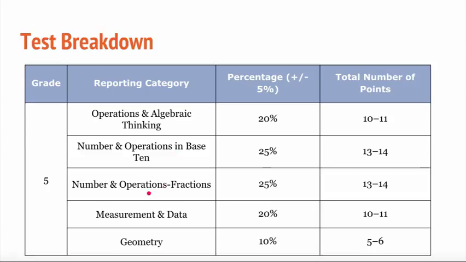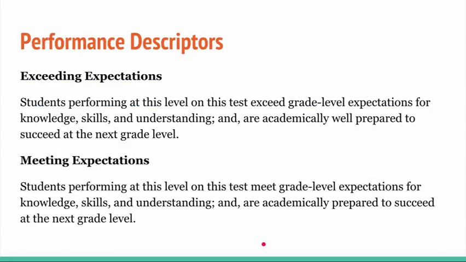Rightly so. They take up 50%, which is a good chunk, and geometry goes back down to 10%. So this just gives you an idea of, depending on the domain, how many or what type of questions you'll see, which will be good to have.